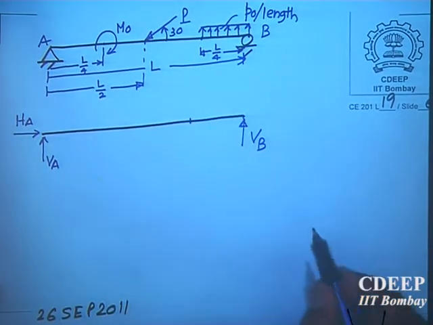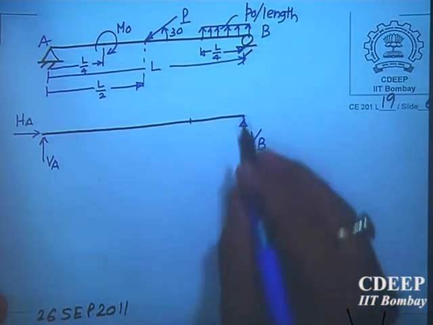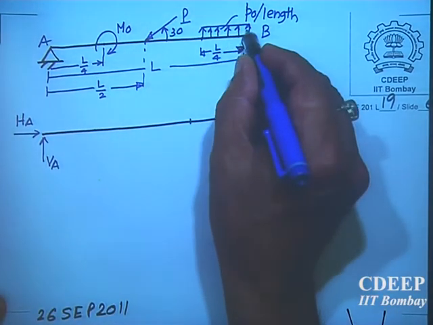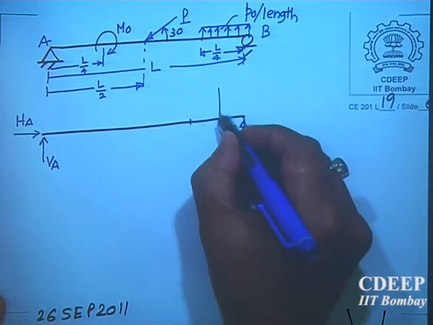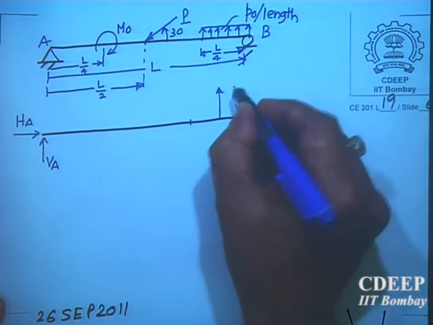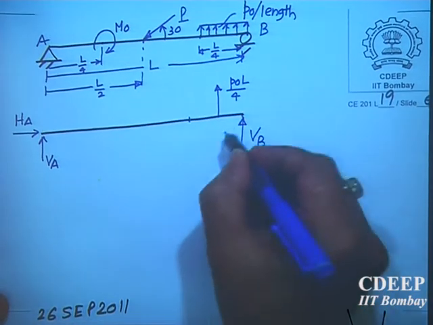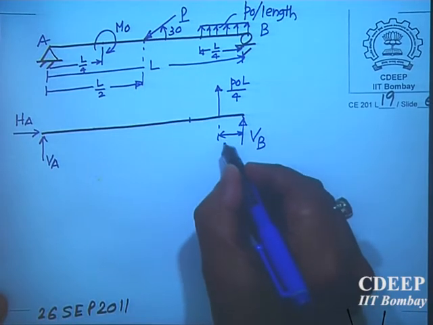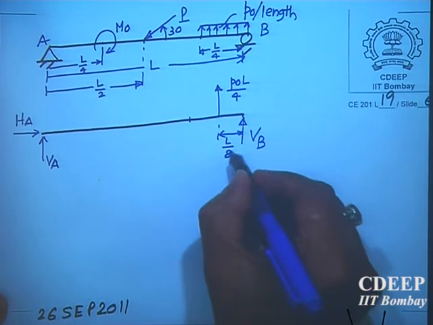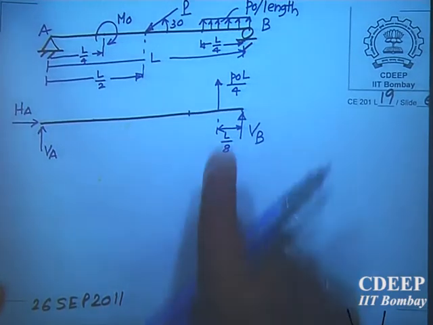What will be the total load here? P naught L by 4. This total load is upwards. P naught L by 4 applied at center of gravity of that, at a distance L by 8. This is L by 8. Is it okay? Centroid. Is it alright or not?